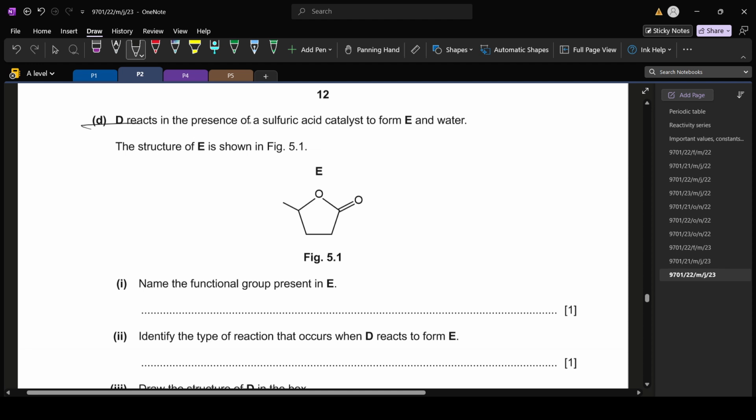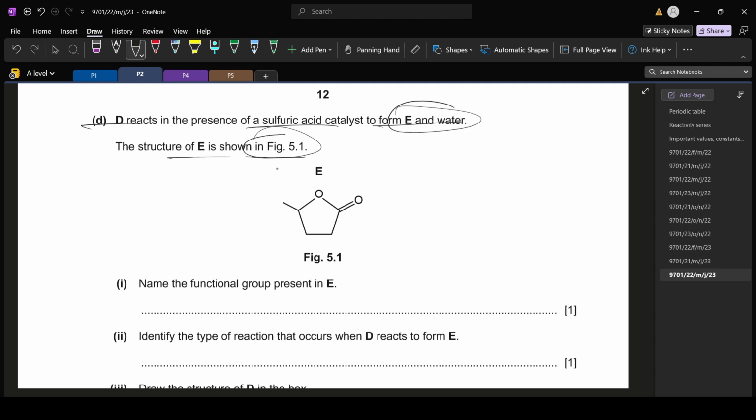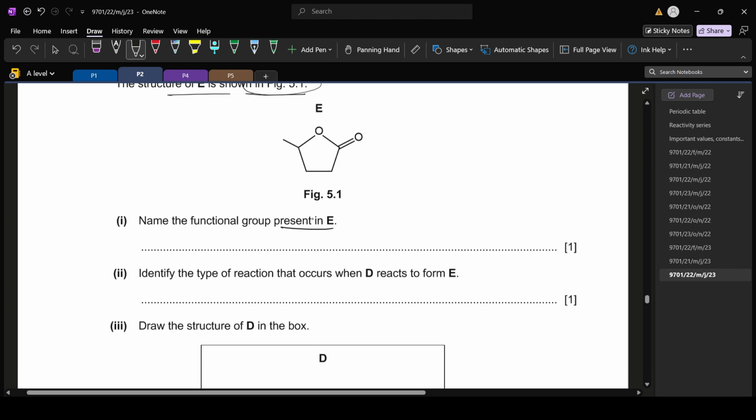Now part D. D reacts in the presence of sulfuric acid to form E and water. So the structure of E is shown. Now name the functional group present in E. It's the ester group.